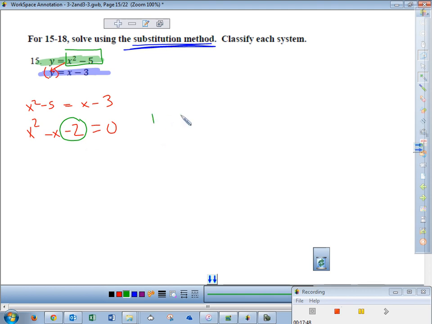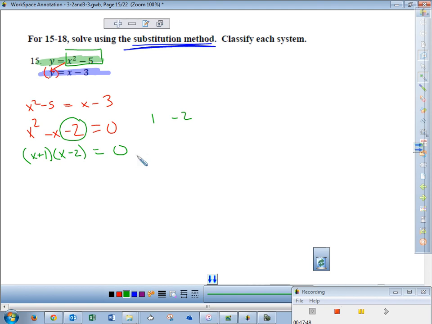One negative. So multiples of 2 right here, one of them has to be negative. If the 2 was negative, wouldn't those numbers add up to be -1? So this guy factors easily, to x plus 1 times x minus 2 equaling 0.